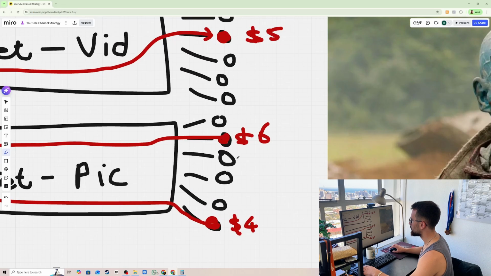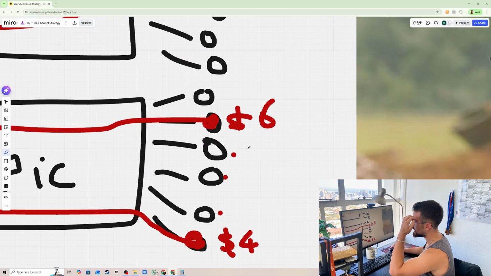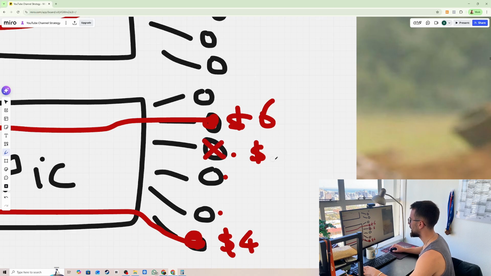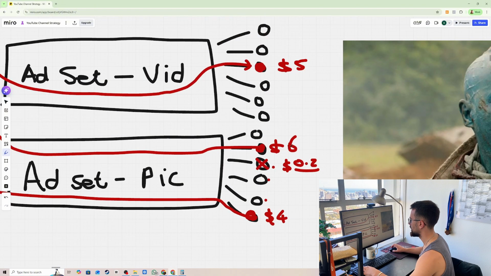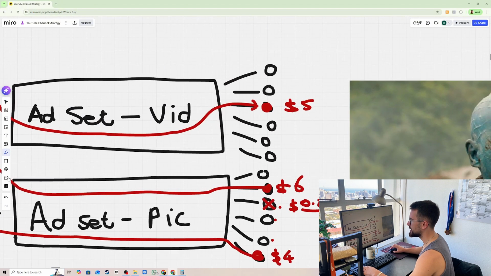And then what's going to happen with these ones is because they were bad ads and because they didn't resonate with the audience, Meta's only going to give them a little bit of spend. So maybe this one doesn't get you any leads and it only spends like 20 cents. Okay. So all the spend is now going to start going towards these 3 winners.